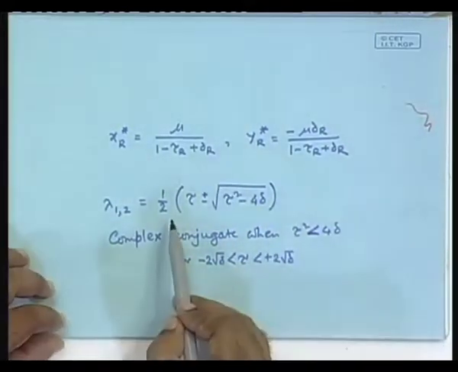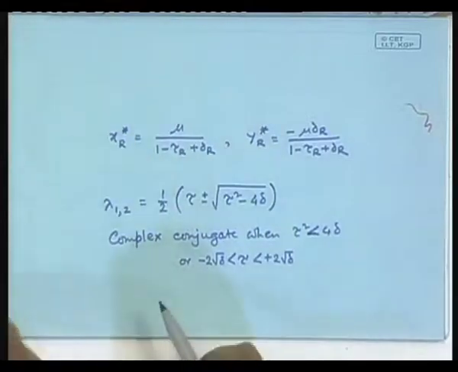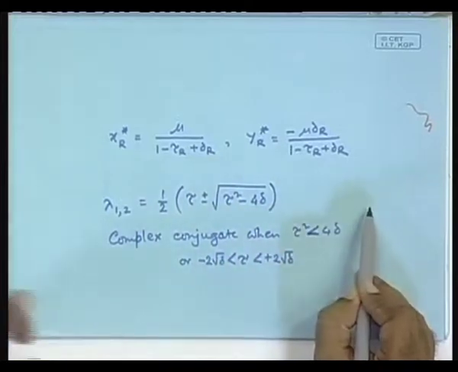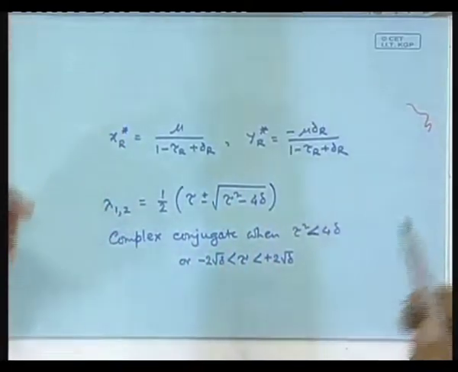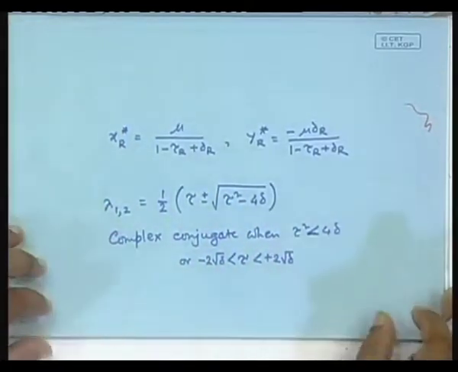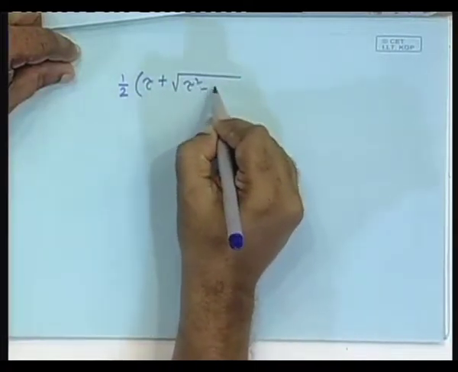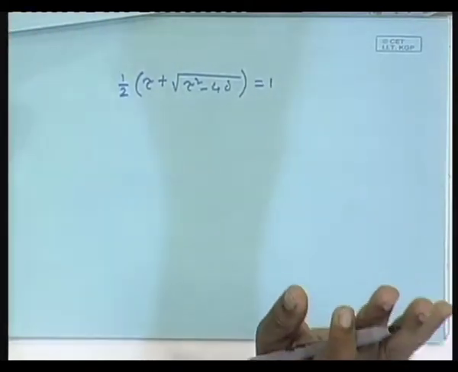Okay, let us now find out what is the condition for the real eigenvalues stability. Can you just work it out? Take the plus and make the whole thing equal to 1. Take the minus and make the whole thing equal to minus 1. Do it. Half tau plus root over tau square minus 4 delta is equal to 1 is the critical condition.